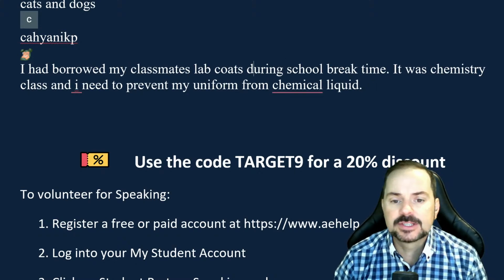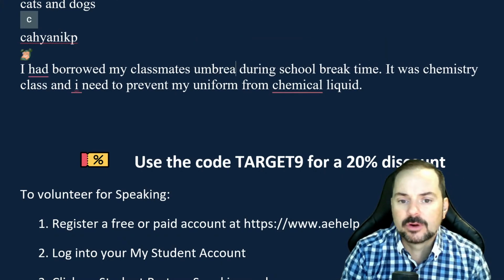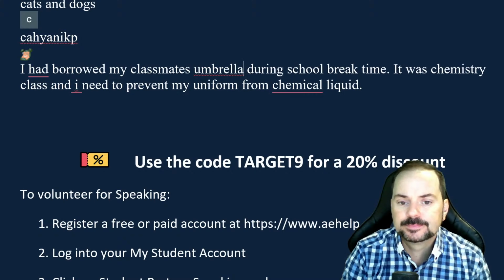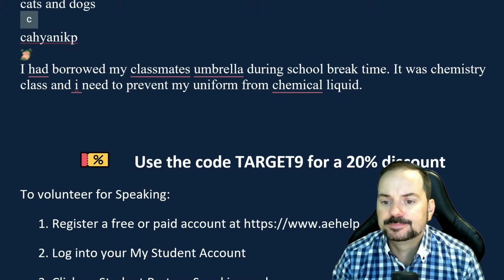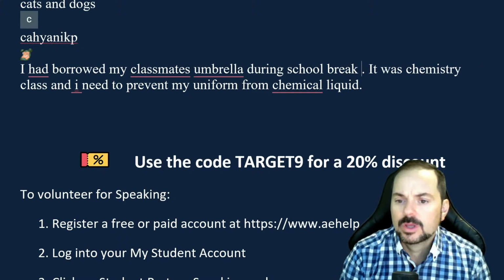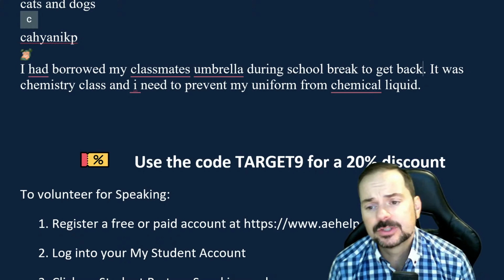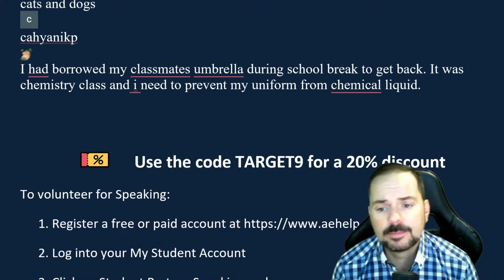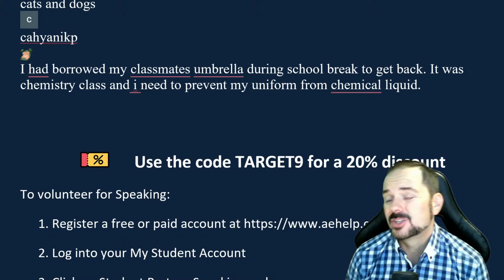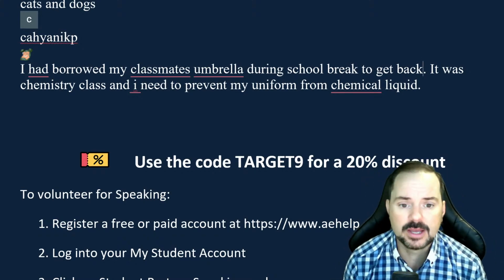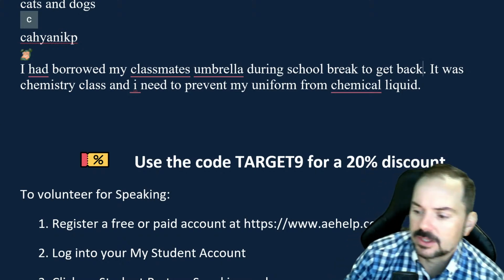My classmates, let's stick with umbrella for our example. During school break to get back home. Chai and Kip, stick to the lesson topic, okay? Don't go off topic here because then it becomes really confusing, especially when it's not accurate grammatically, okay? All right, so don't go completely off topic.